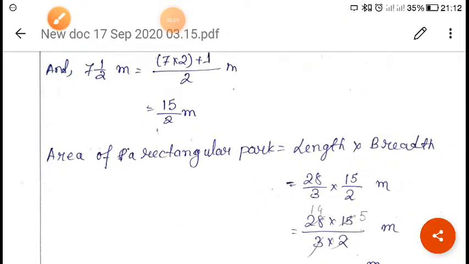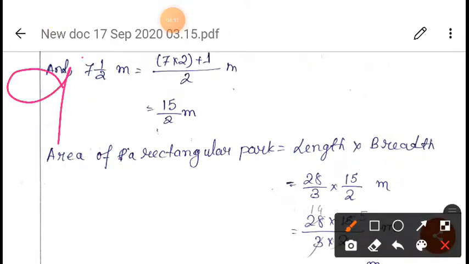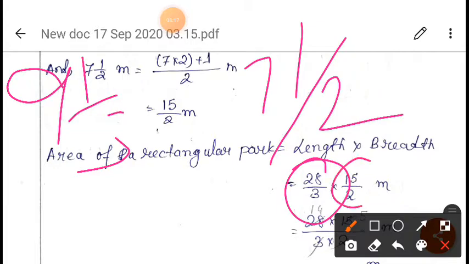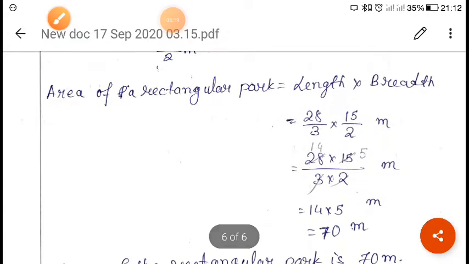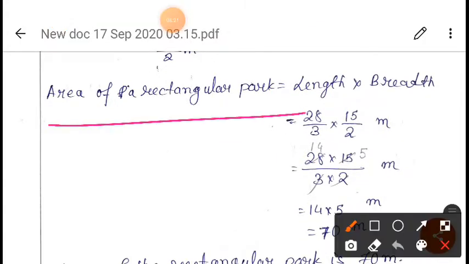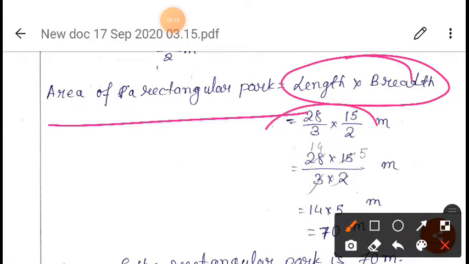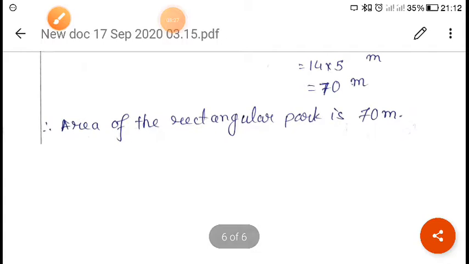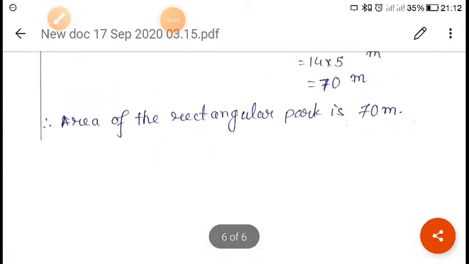After that, when we solve this 9 1 by 3, we will get 28 by 3. Okay, and when we solve 7 1 by 2, we will get 15 by 2. Okay, so the area of the rectangular park is length into breadth. So when you multiply this, we will get 70 square meters, right? So this was about exercise 5.9. Now we will see exercise 5.10.